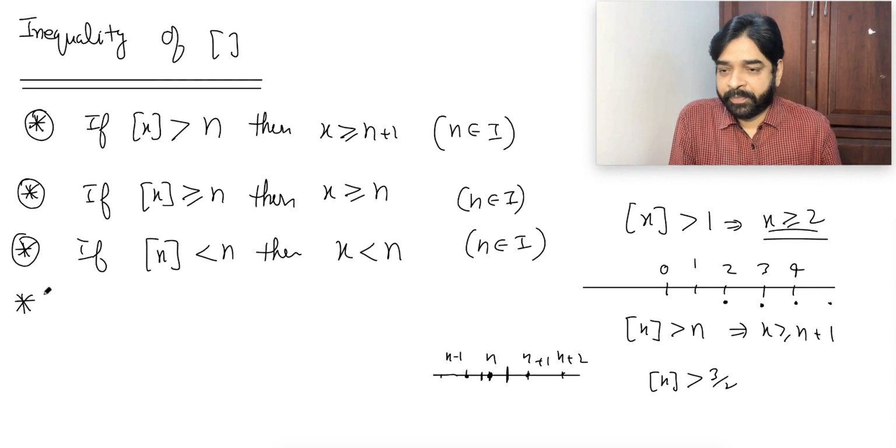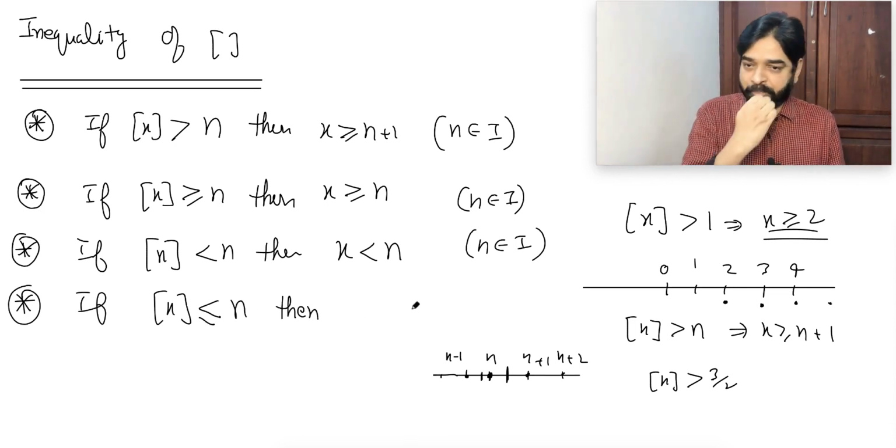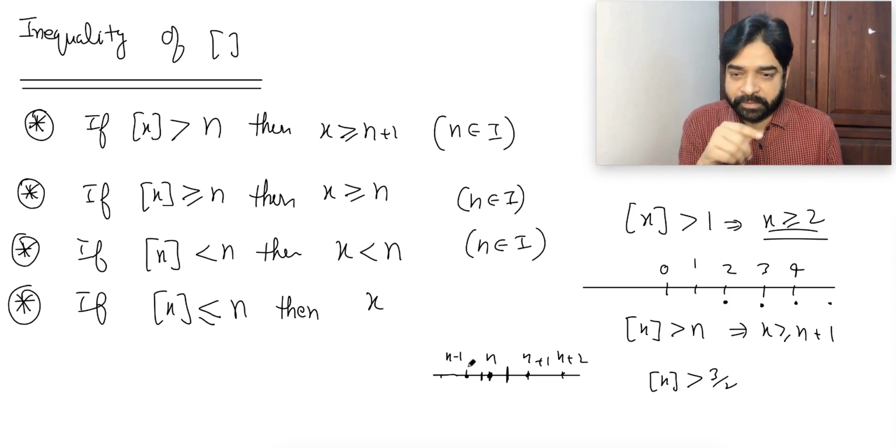Same way, if the greatest integer of x is less than or equal to n, it is a very simple oral question. Less than or equal to n means equal to n can also happen, so this is also possible.